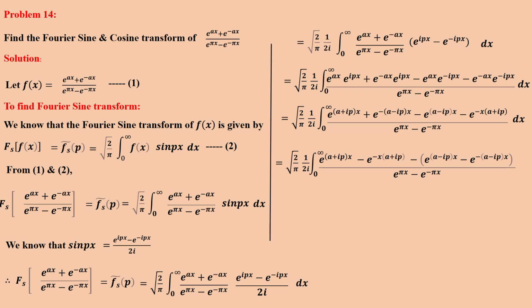So the first two terms: e power a plus ip into x minus e power minus x a plus ip. Similarly, taking minus outside, we are grouping the a minus ip terms: e power a minus ipx minus e power minus a minus ipx, whole divided by e power pi x minus e power minus pi x dx.